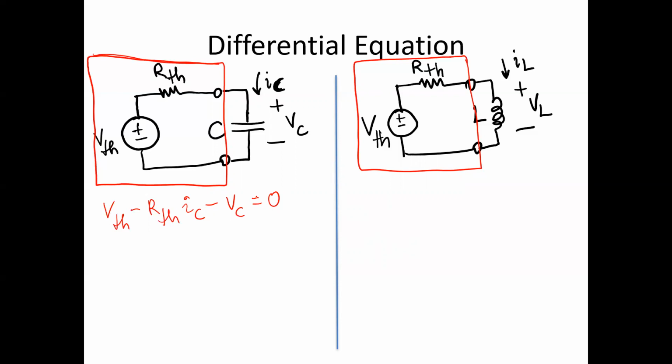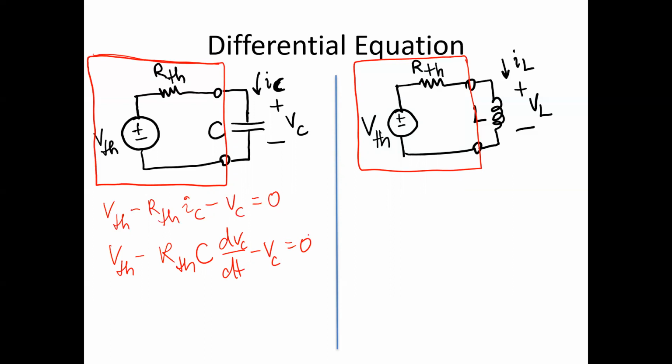Then we're going to substitute what we know for the fundamental relation. Namely, we know that the current is equal to C times the derivative of the voltage. And so if we substitute for the current, we can find that V Thevenin minus R Thevenin times C times dVC/dt minus VC is equal to 0.